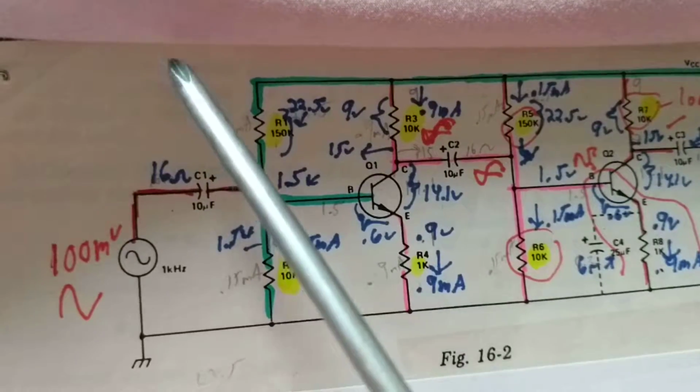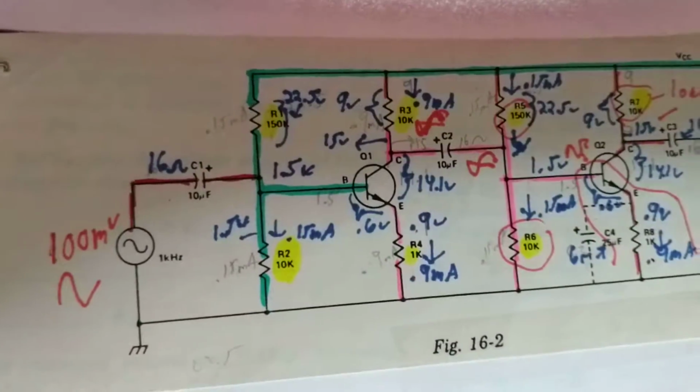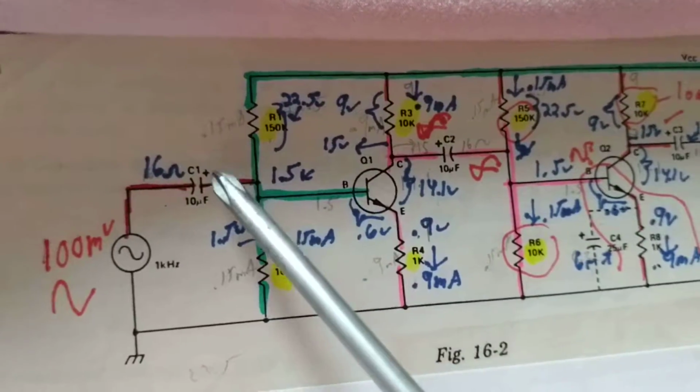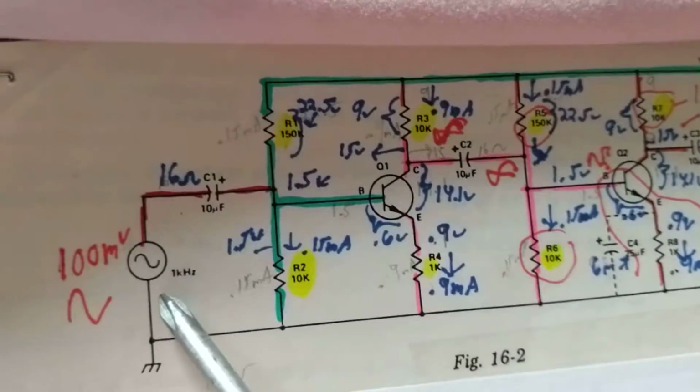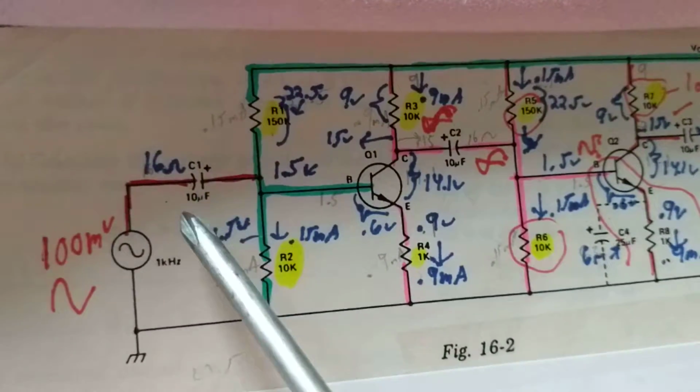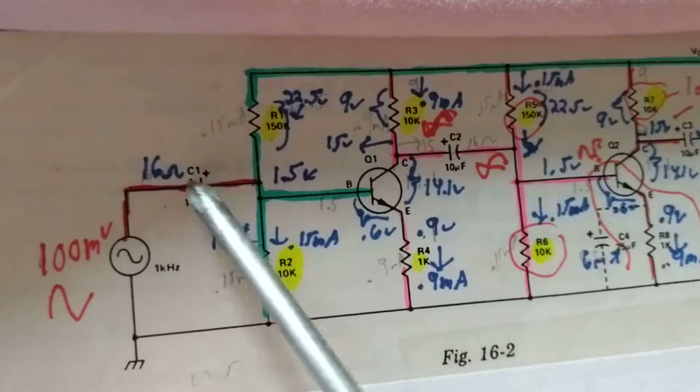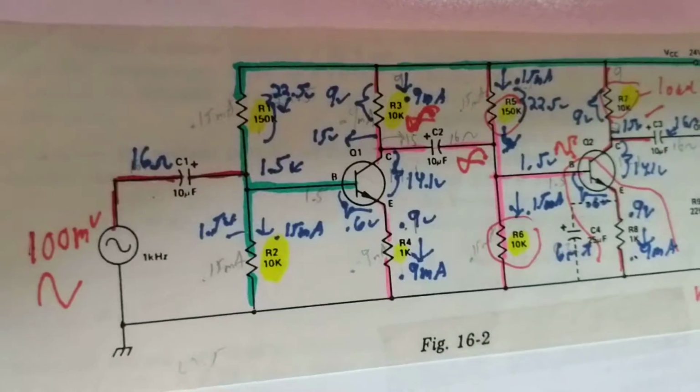The formula for that is 1 over 2 pi FC. Again, 1 over 2 pi FC. F would be 1 kilohertz. C would be 10 microfarad. You figure it out, it comes out to about 16 ohms, which is almost a short circuit for AC.